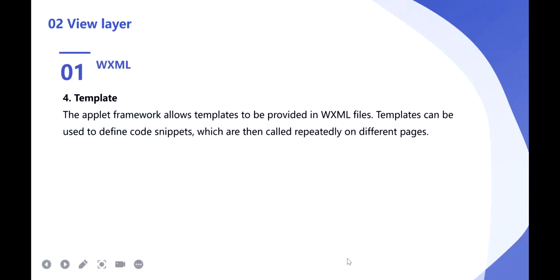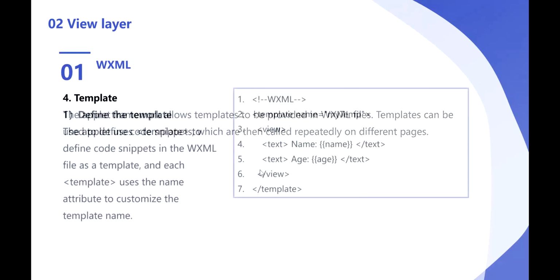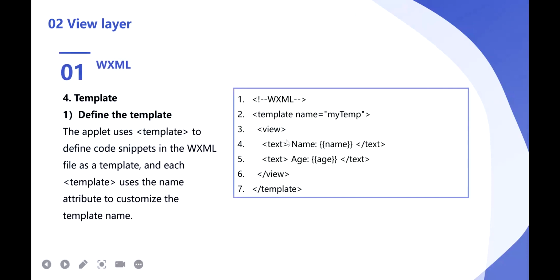Then we have templates. The applet framework allows templates to be provided in WXML files. Templates can be used to define code snippets, which are then called repeatedly on different pages. You see here we have an example with the defining of a template.